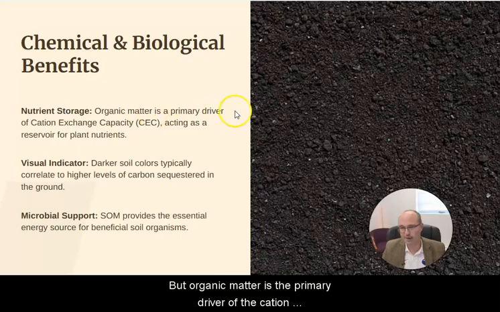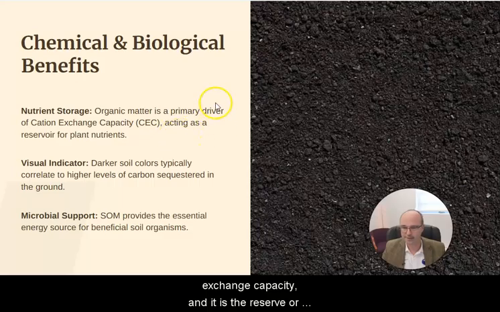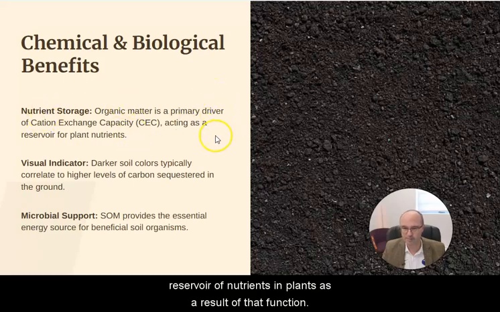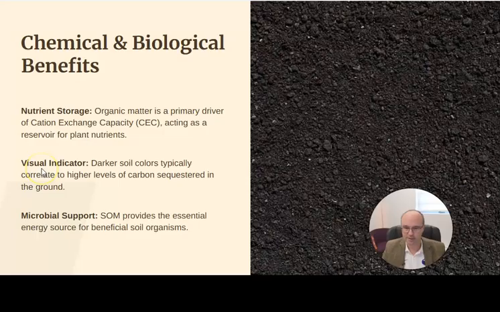But organic matter is the primary driver of the cation exchange capacity, and it is the reserve or reservoir of nutrients for plants as a result of that function. You can always look again for the dark color. That's the visual indicator for soil organic matter.